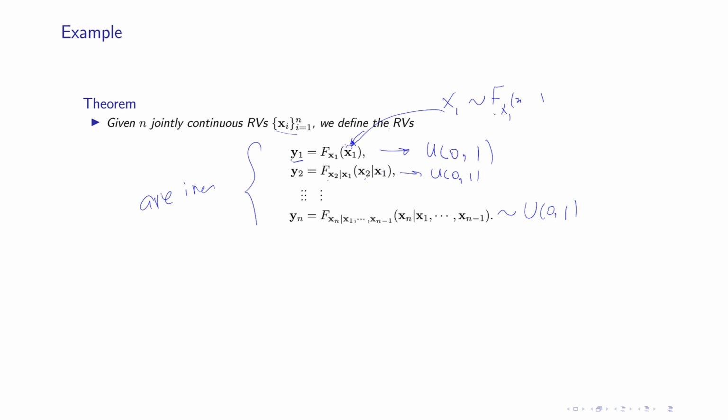The interesting part of this theorem is that, from the same equation, the inverse part of this theorem is important because you could generate uniformly distributed random variables independently.